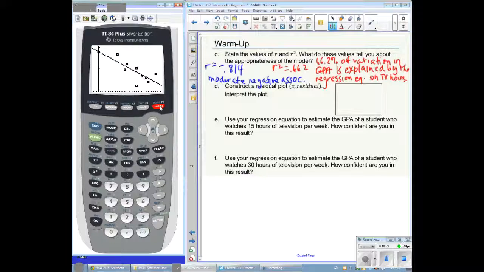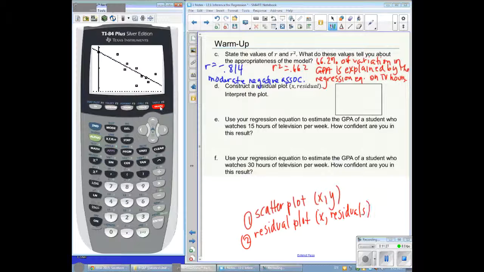The next thing you're asked to do is to construct a residual plot. You've got the steps to do that on your paper. I didn't feel like squeezing them in here. But for all of the inference techniques that you're going to be doing, every single problem is going to require a scatter plot of the original data of x versus y, a residual plot of x versus your residuals, and it's also going to require, and this is a new one, a normal probability plot of the residuals.